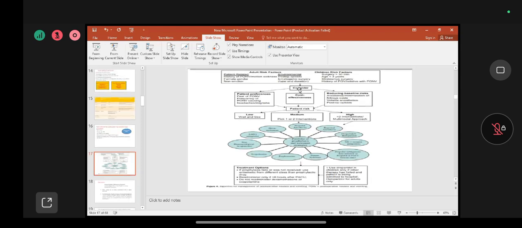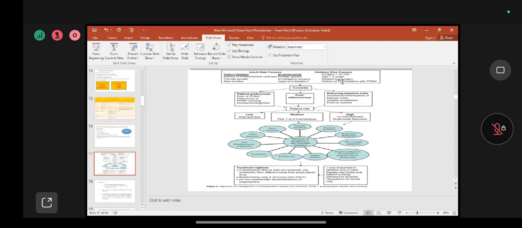So postoperative care for nausea and vomiting. In adult patients, the patient-related risk factors are female gender, age less than 50 years, previous history of nausea, vomiting, and motion sickness, and being a non-smoker, and other factors like environmental factors, postoperative use of opioids, and it depends on type of surgery and duration.